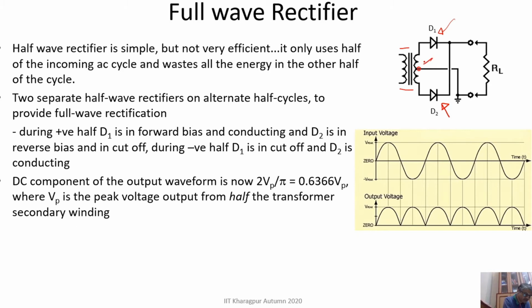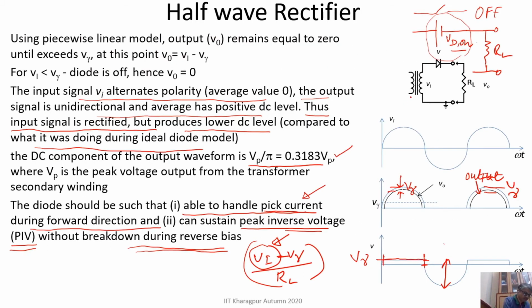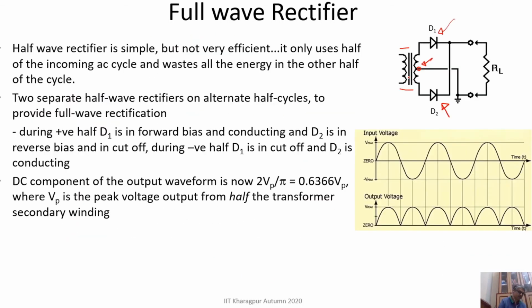Unlike the half wave rectifier case, where we use an ordinary transformer without a center tap, in the full wave rectifier we need a center tap transformer to close this loop.